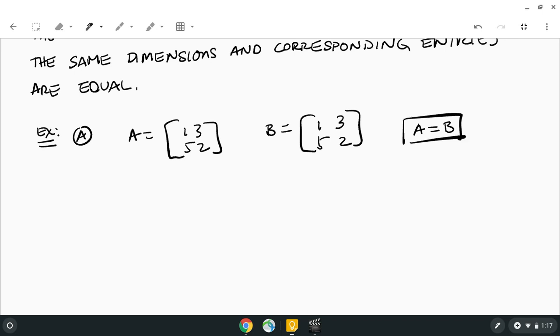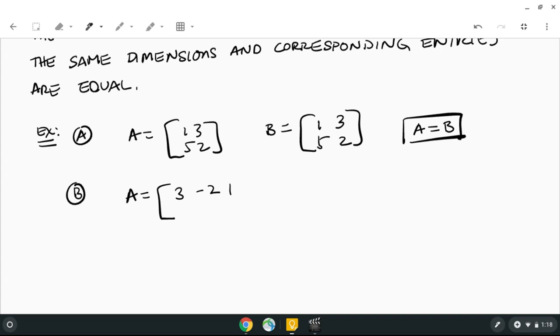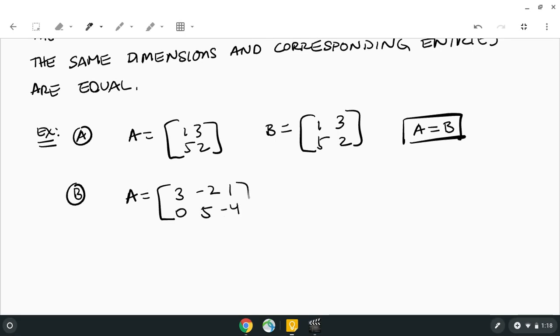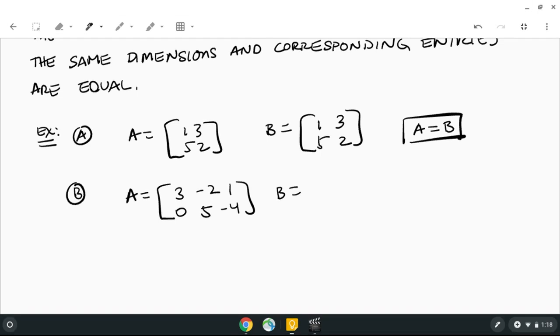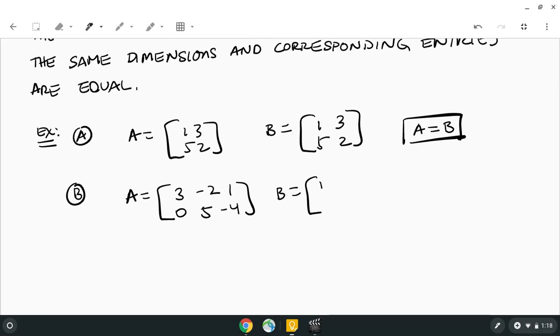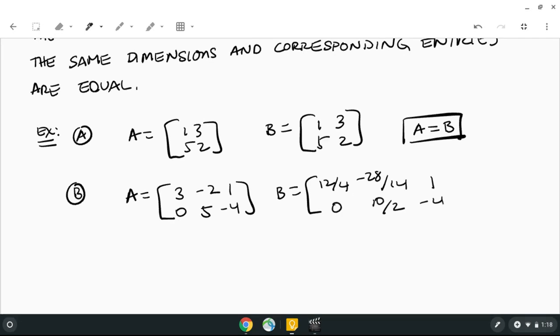Let's take a look at this next one. Suppose matrix A is 3, negative 2, 1, 0, 5, negative 4. And suppose matrix B is 12 over 4, negative 28 over 14, 1, 0, 10 over 2, negative 4.